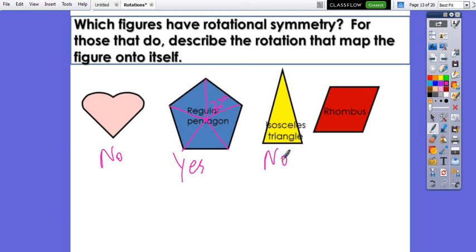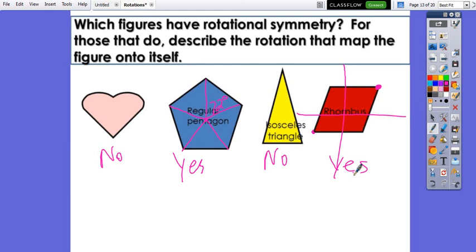If I flip it over, will it look like itself? Will it look just like it? Yeah. In other words, if I take this thing and I rotate it 180 degrees, think about it this way, all right? This point is now down here, and those are similar, right? So it has 180 degree rotational symmetry. So the answer is yes. So a parallelogram is going to have rotational symmetry of 180 degrees.